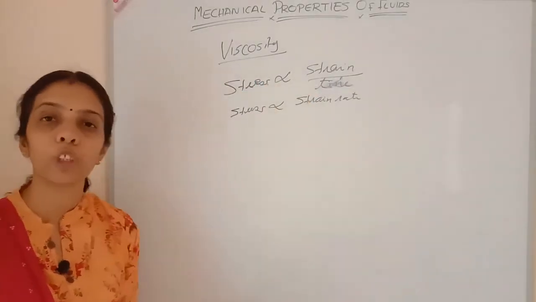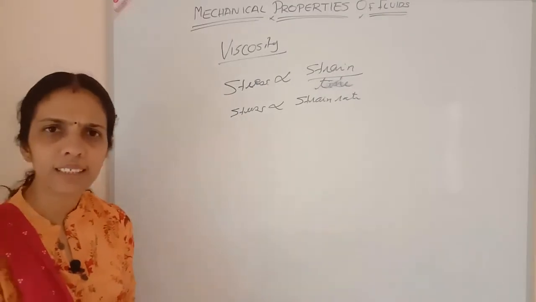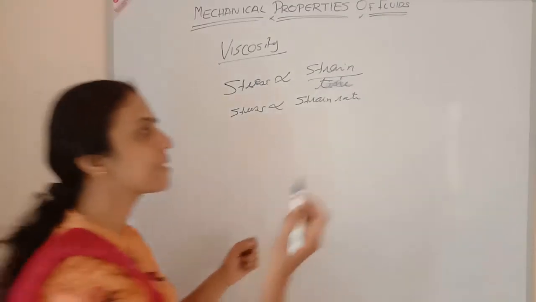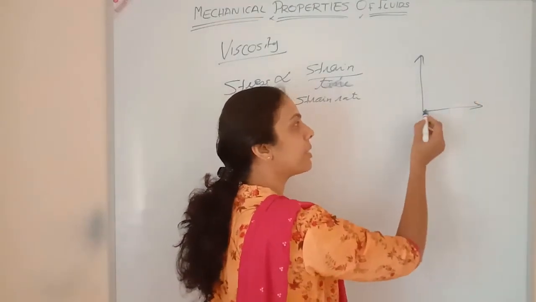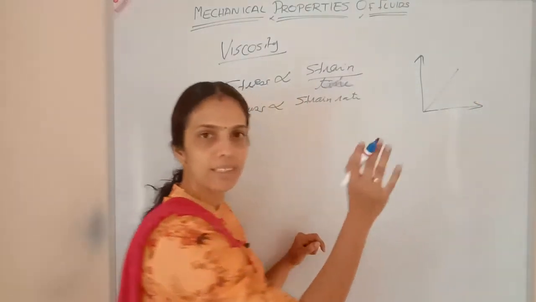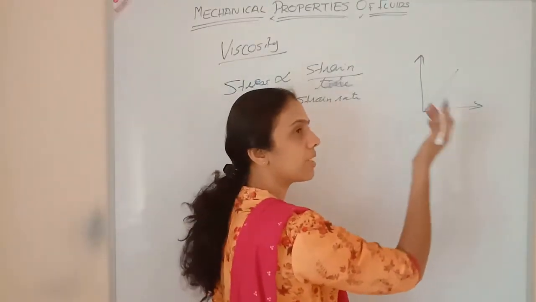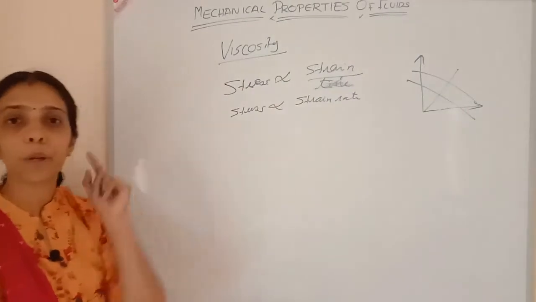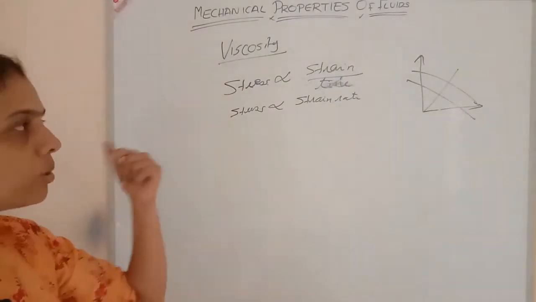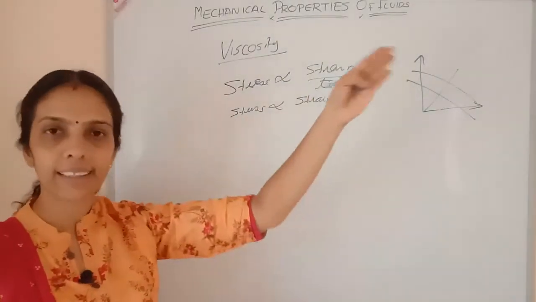Stress is proportional to strain. What is the meaning of that? Proportionality means it will be a straight line, isn't it? I taught you that in the stress strain curve. So it will be a straight line graph.